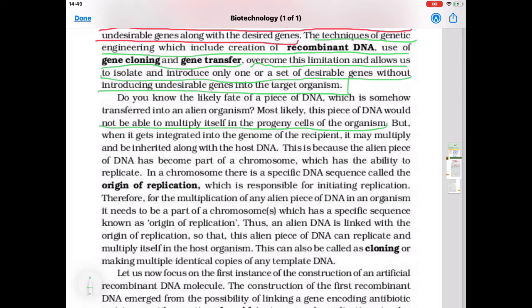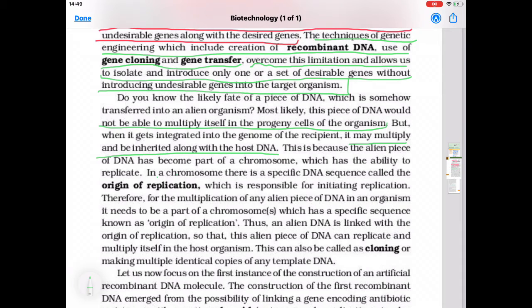But when it gets incorporated or integrated into the genome of the recipient, it may multiply and be inherited along with the host DNA. When this introduced DNA combines with the genome, that is the DNA of the recipient, the host, then along with the host DNA the new alien DNA multiplies in the host cell.